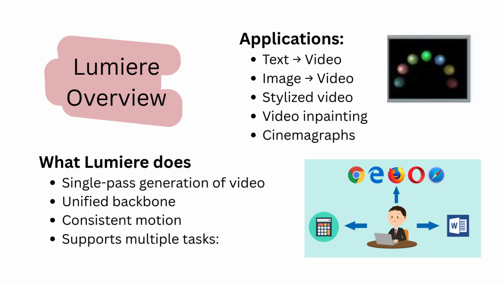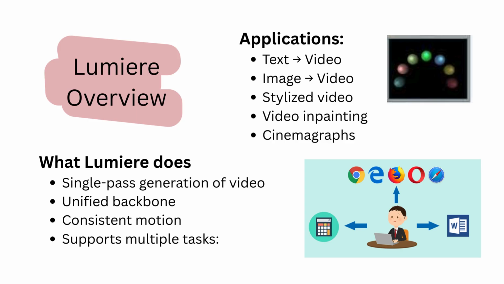After this, Lumiere applies spatial super resolution. What makes Lumiere impressive is its versatility. It supports text to video, image to video, stylized video, video inpainting, and cinemagraphs. Because all these tasks use the same learned model, Lumiere functions more like a unified video generative platform rather than just a single purpose model.